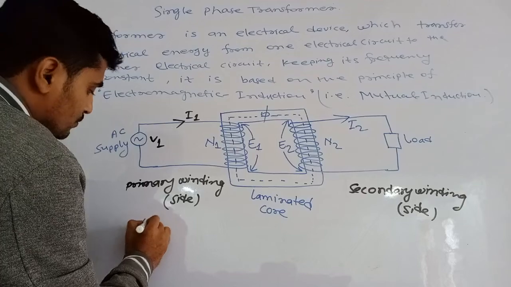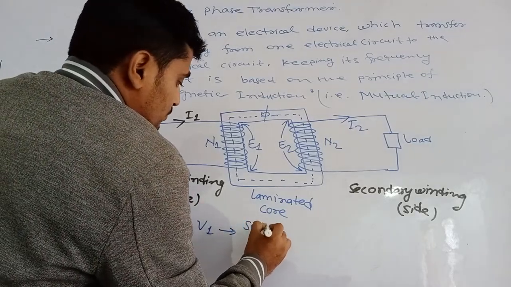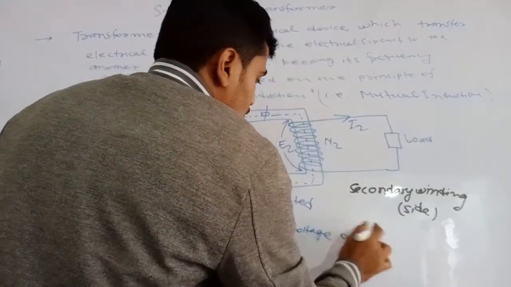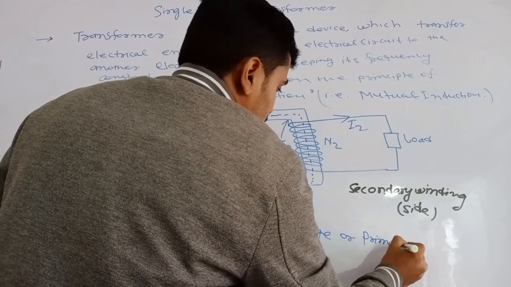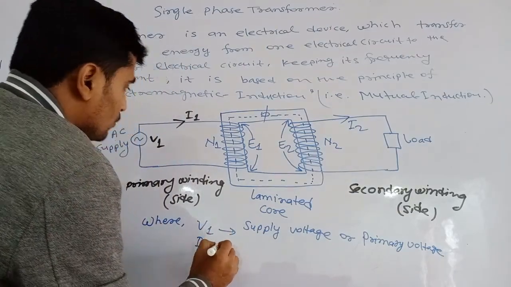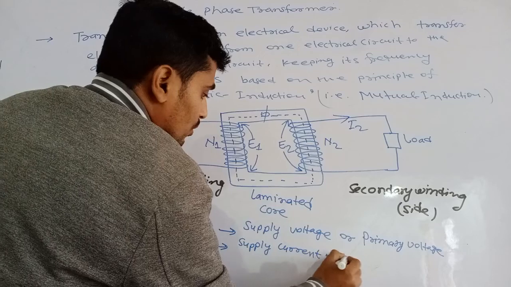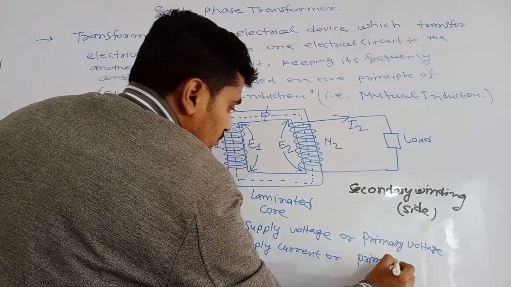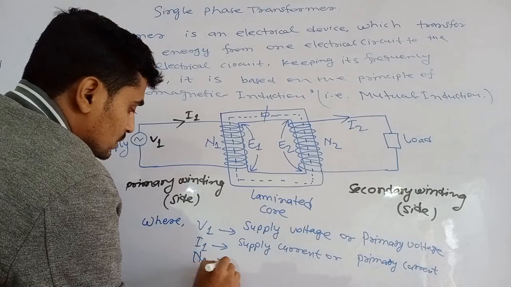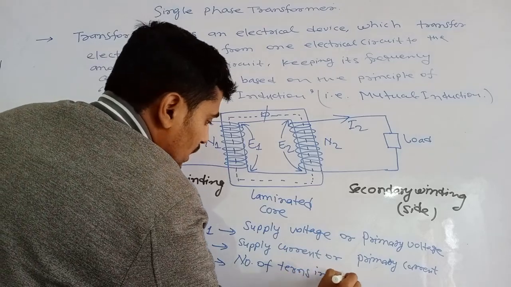Here V1 is the supply voltage or primary voltage, I1 is the supply current or primary current, and N1 is the number of turns on the primary side.